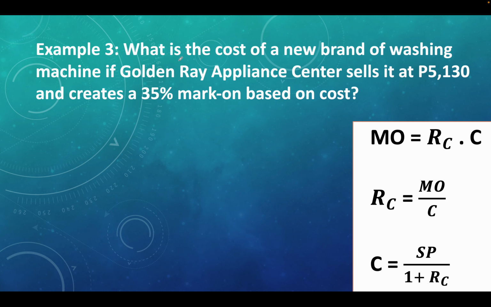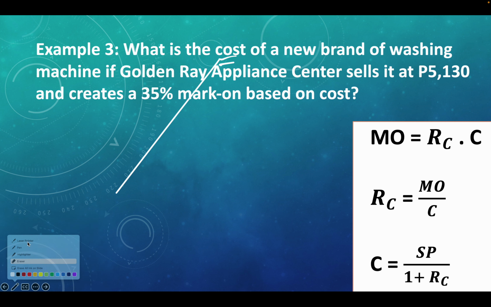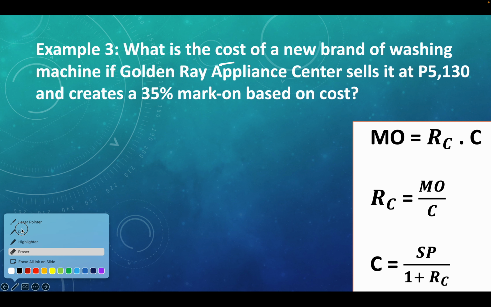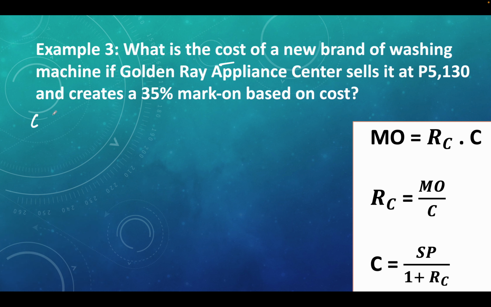So, what is the cost of a brand new washing machine if Golden Ray Appliance Center sells it for 5,130 and creates a 35% mark on based on cost? So, what is being asked here is the cost. So, our cost will be the question mark.